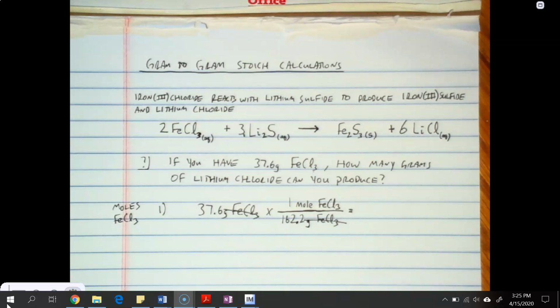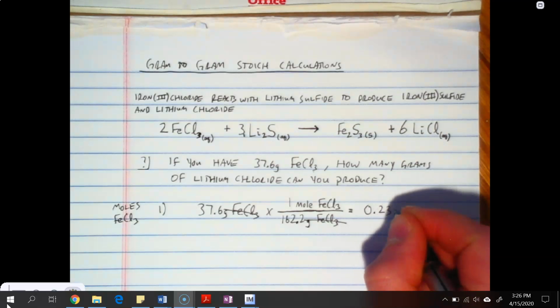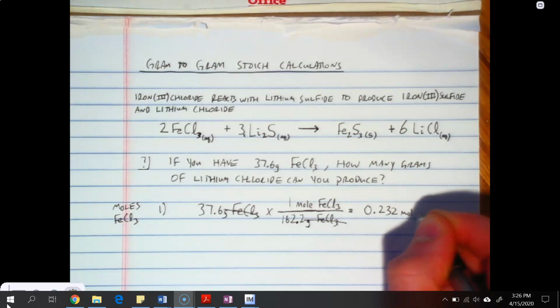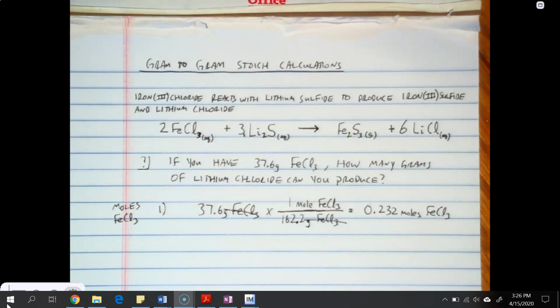I realized that my calculator was going to block the word. So I'll just do that off to the side. But so what I'm going to do is take my 37.6 grams, multiply it by 1, and divide by 162.2. And then with proper sig figs, I get 0.232 moles of FeCl3. All right?